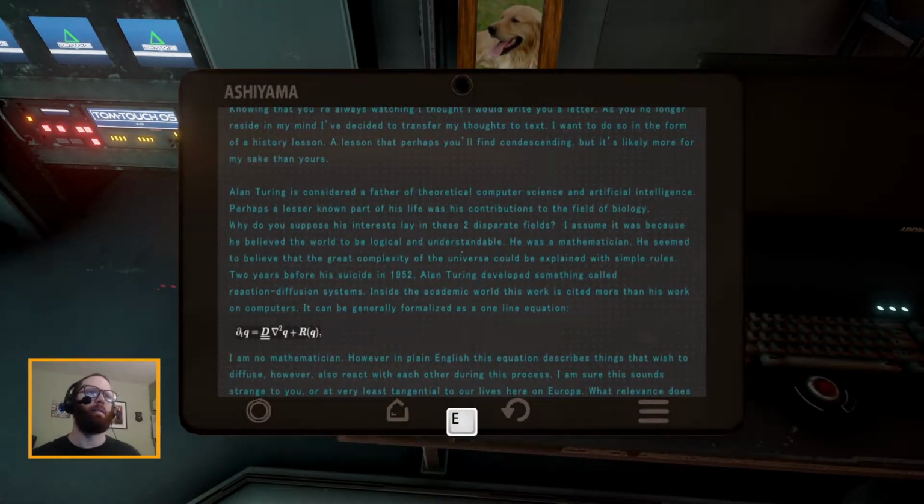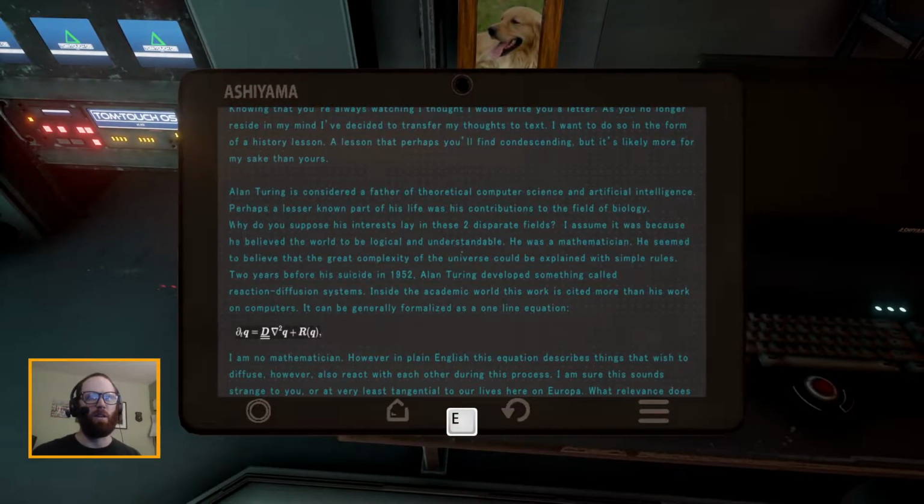Alan Turing is considered a father of theoretical computer science and artificial intelligence. Perhaps a lesser-known part of his life was his contributions to the fields of biology. Why do you suppose his interest lay in those two disparate, why don't you just say separate fields? Disparate fields? I assume it was because he believed the world to be logical and understandable.